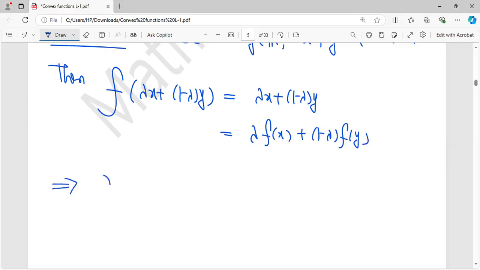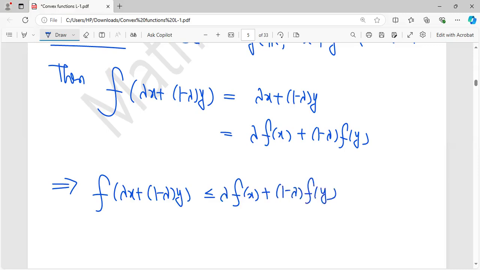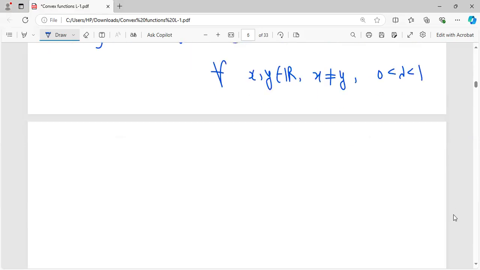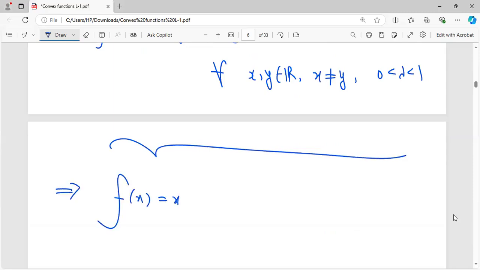So this implies f(lambda x + (1 - lambda) y) equals lambda f(x) + (1 - lambda) f(y) for all x, y belonging to R, x not equal to y, and lambda in this range. What is the meaning of this? This implies f(x) = x is convex on R. Okay.